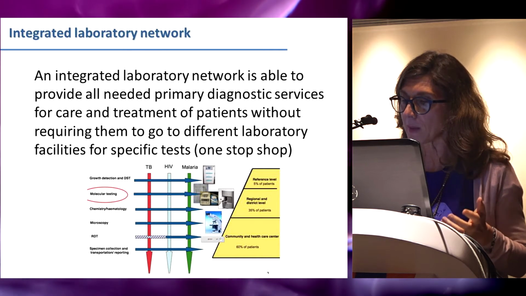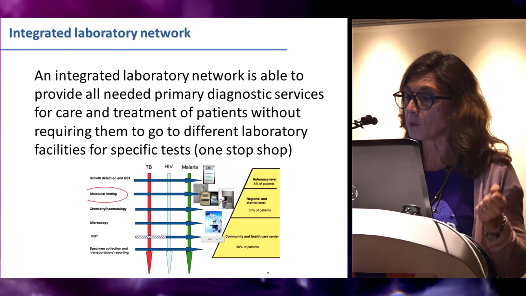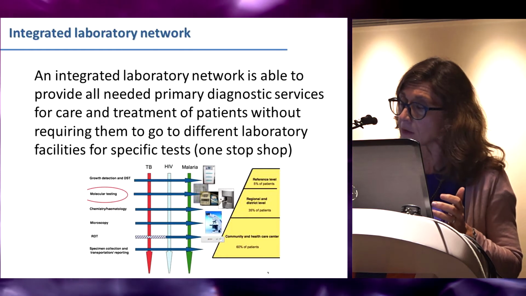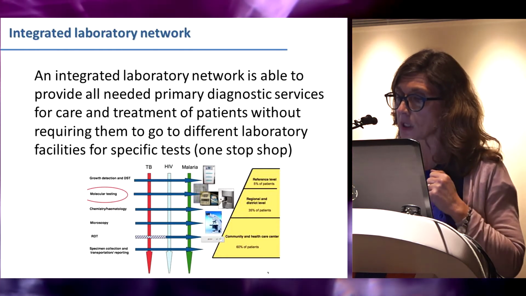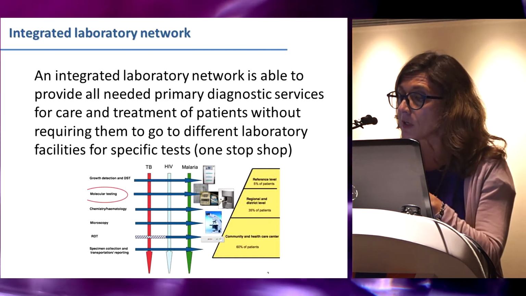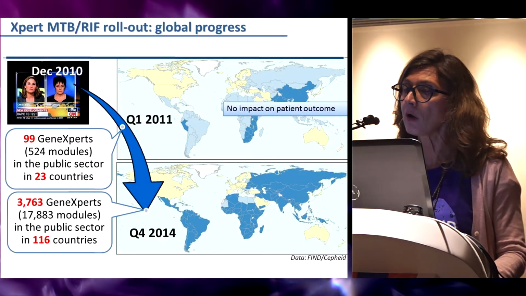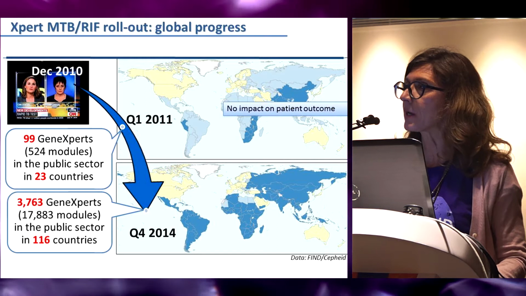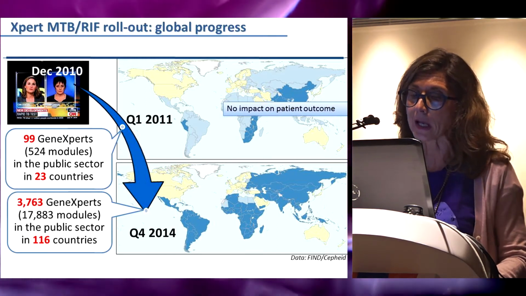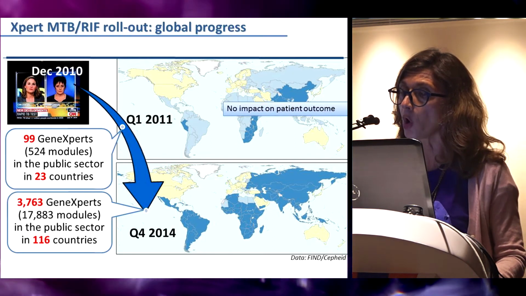So we will be implementing the most decentralizable test at the community and the healthcare center, in some places at the district level, such as GeneXpert, and then we can move to culture and DST at the regional and the reference level. The rollout of GeneXpert was a real success. From 2011 to 2014, a huge number of instruments and cartridges were used all over the world.